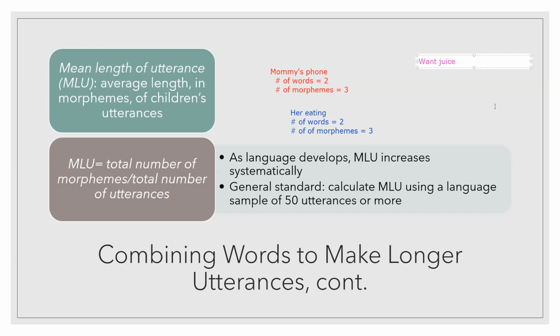All right, so "want juice," number of words equals 2. Number of morphemes equals 2. So there's nothing special going on here. It's the word "want" and the word "juice." So number of words 2, number of morphemes 2.